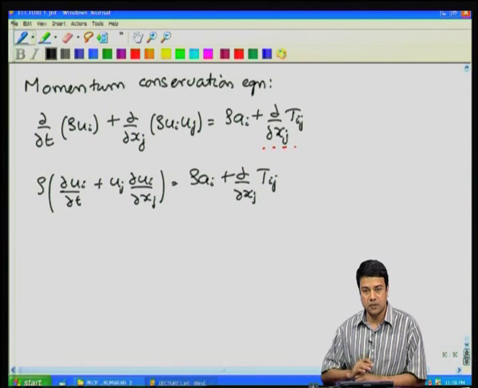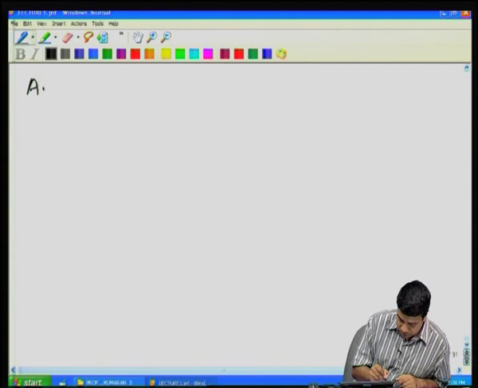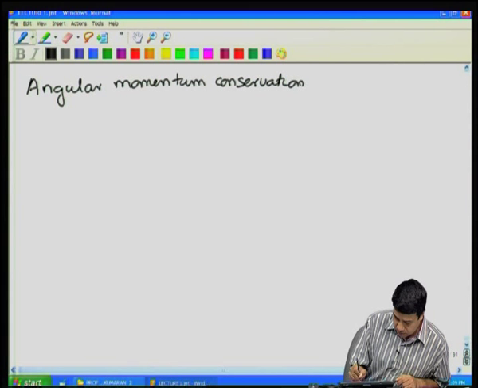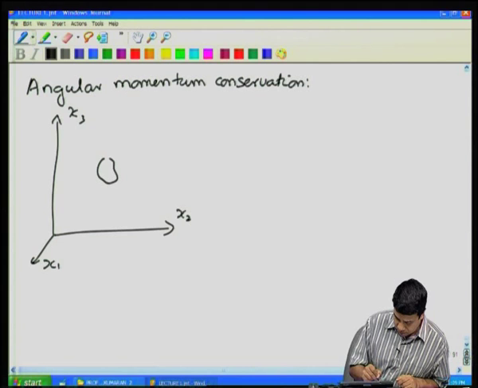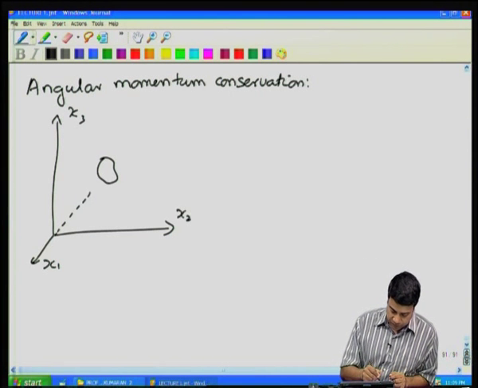So, that is why I will go through that in some detail. The angular momentum with respect to any origin.